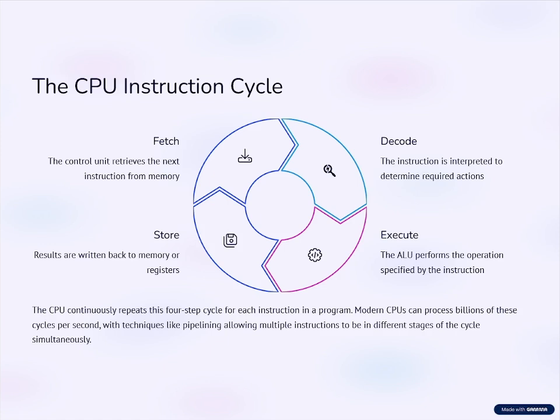So the CPU continuously repeats these 4 steps for each instruction in a program. Modern CPUs can process 1 billion of these cycles per second with techniques like pipelining, which allows multiple instructions to be in different stages of the cycle simultaneously. You can imagine how that thing is very powerful.